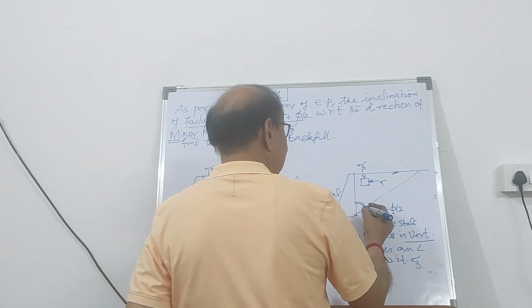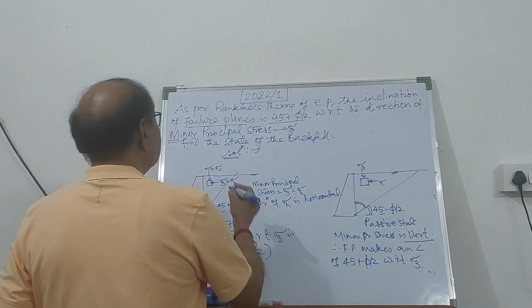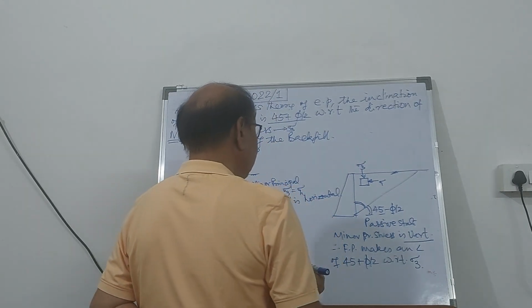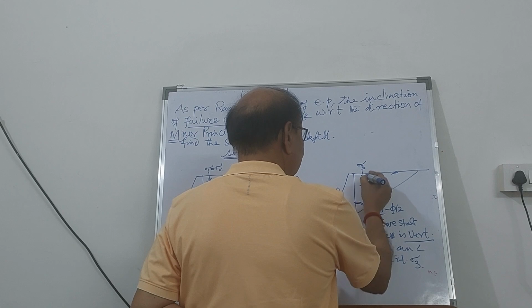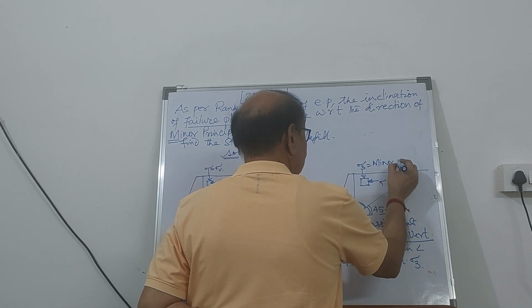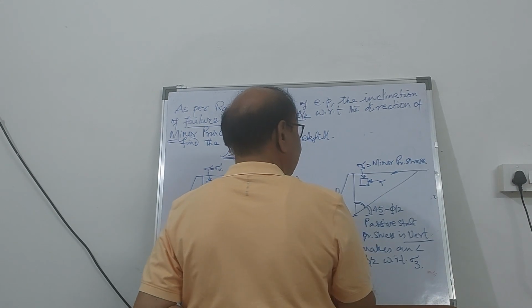Sigma 3 is going to be the minor principal stress. Here sigma 3 is vertical, the minor principal stress in passive condition.